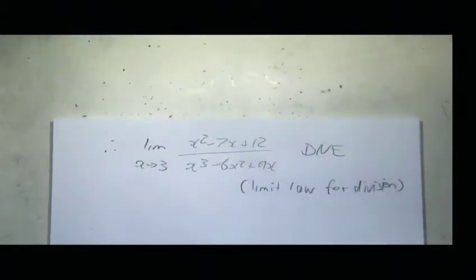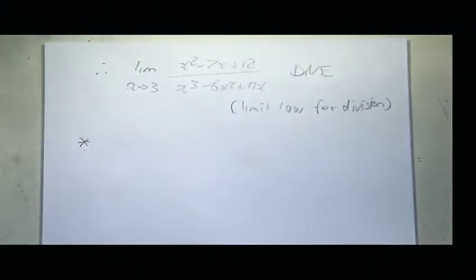Okay, so what else can you do? Okay, that's plan number one. What else can you do? Well, you can do L'Hopital's rule. Actually, before that, what else you can do is look for the fundamental trig limit.